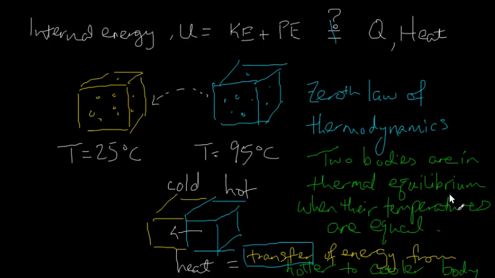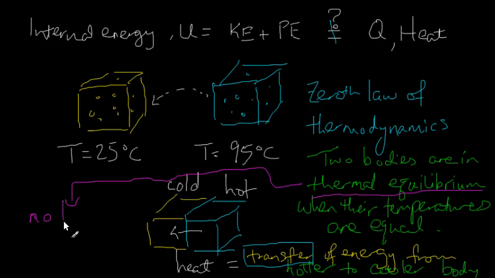Thermal equilibrium here means that there is no heat flowing from one body to the other, or from the other one to this one. That's the meaning of thermal equilibrium. Let me write out this meaning. This phrase here, thermal equilibrium, means no heat flow.